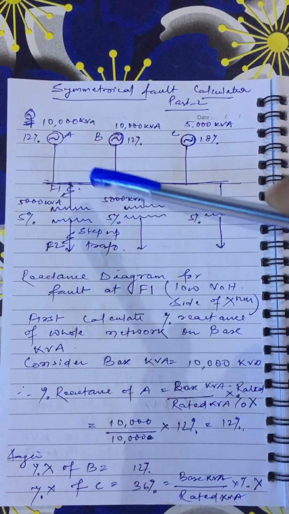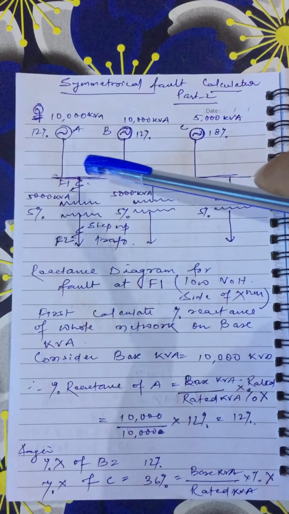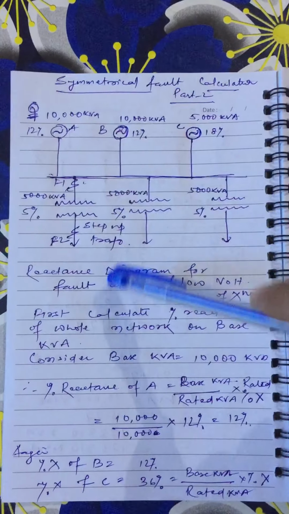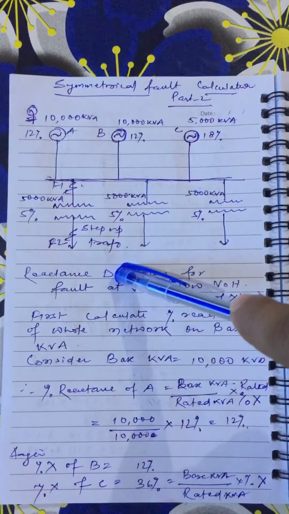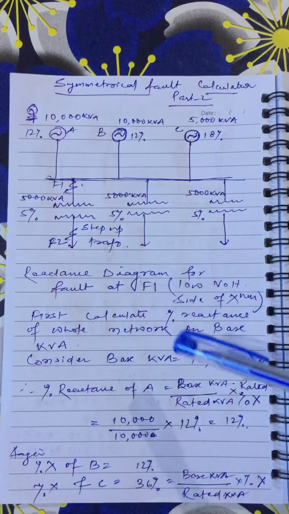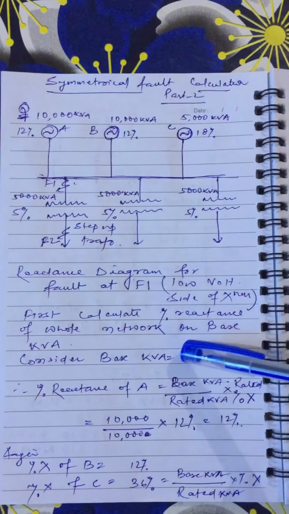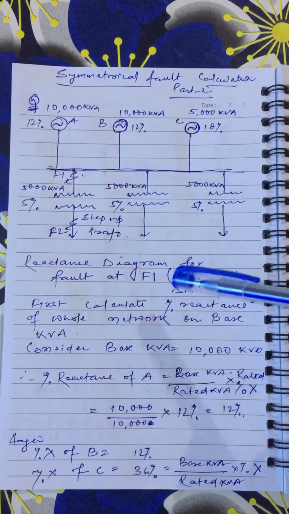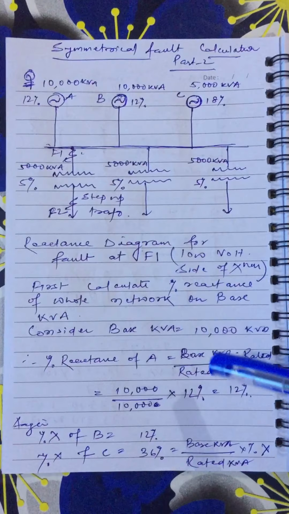Here we need to find out the fault MVA. We will find out the fault MVA at F1. Here again we will consider the base kVA as 10,000 kVA. As I also told you in the last video, how to calculate the percentage reactance on the base kVA.